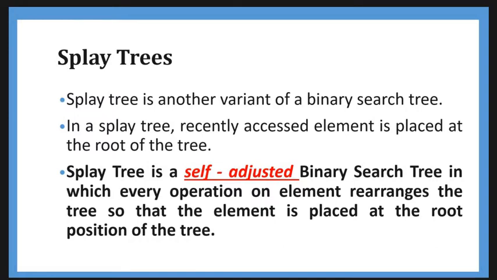I repeat, splay tree is a self-adjusted binary search tree in which after every operation on an element, it rearranges the tree so that the element which is recently accessed is placed at the root position of the tree.